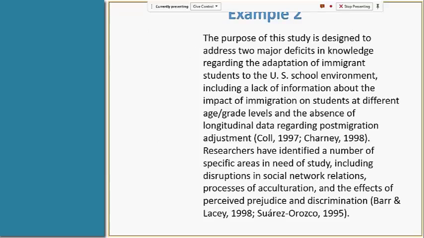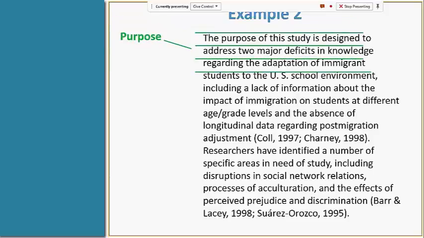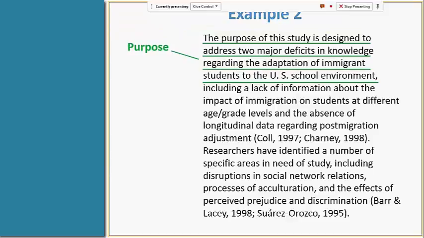Okay, so let's go back and go through it. So just like the last model, this writer starts out right away with their purpose. The purpose of this study is designed to address two major deficits in knowledge regarding the adaptation of immigrant students in the U.S. school environment.